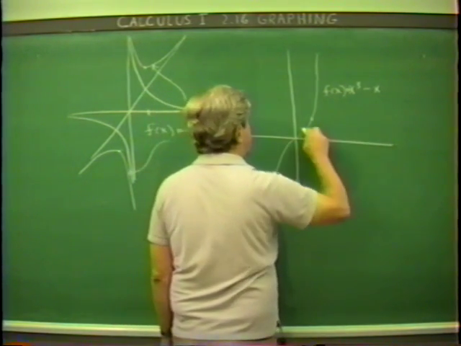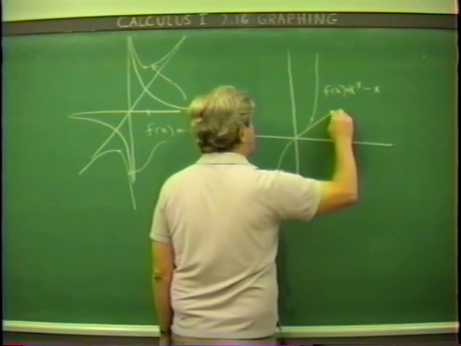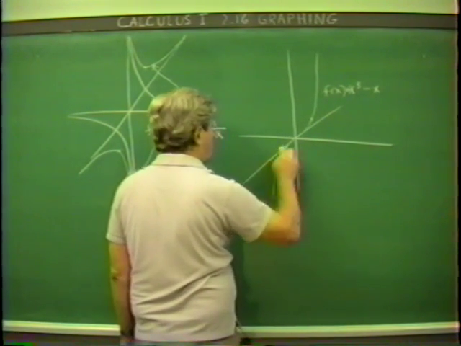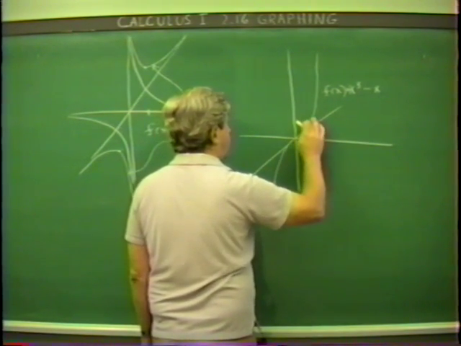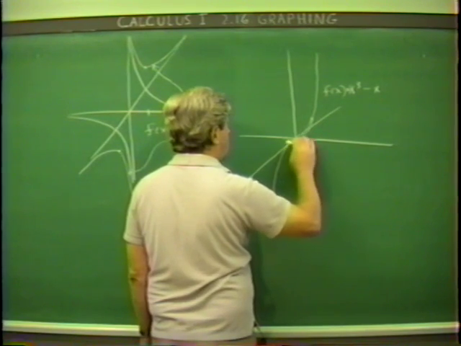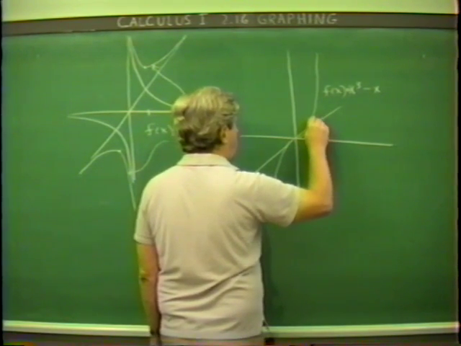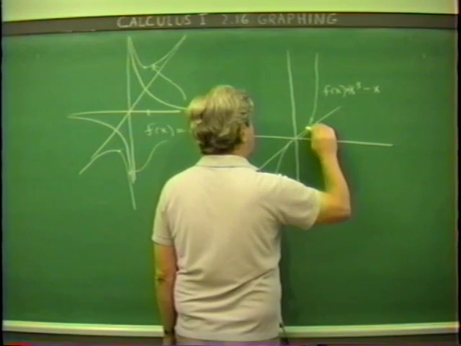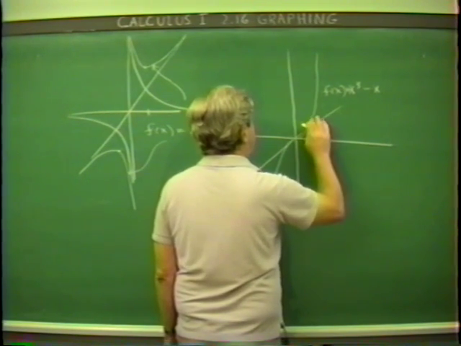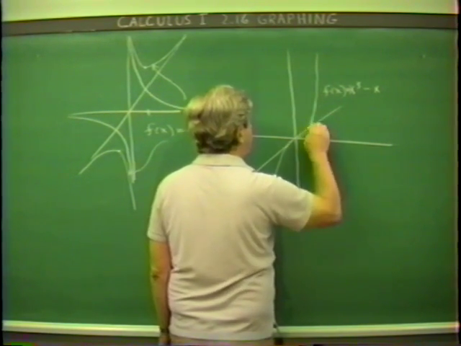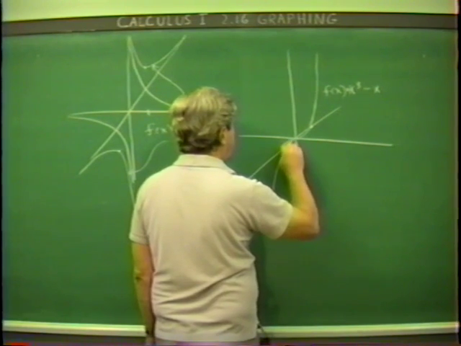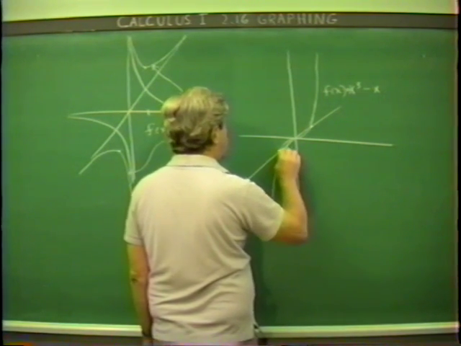And here's x. Should look a little more like this. In fact, if that's x, then this must be the point 1, 1. Both of them go through the point 1, 1, and both of them go through the point minus 1, minus 1.